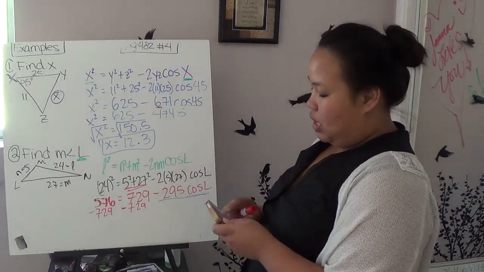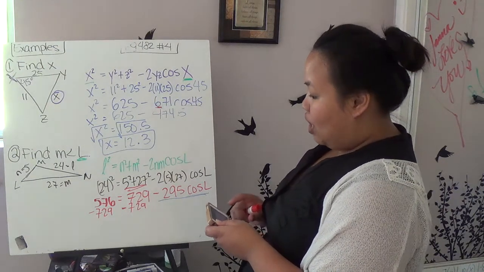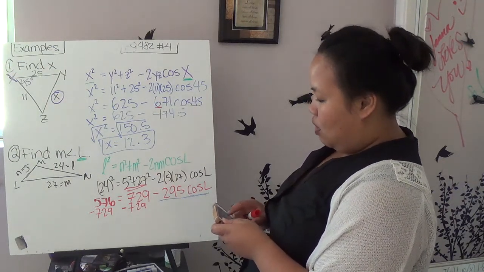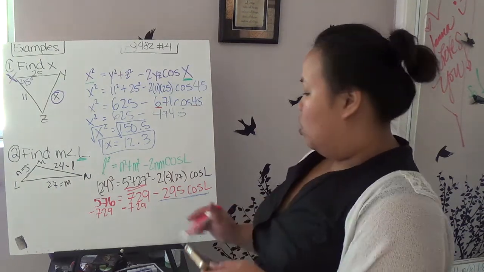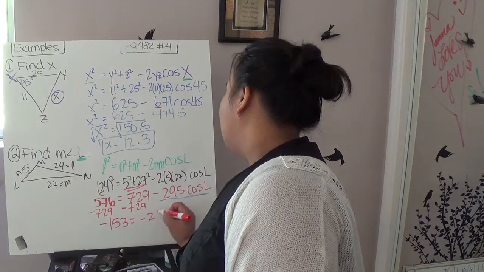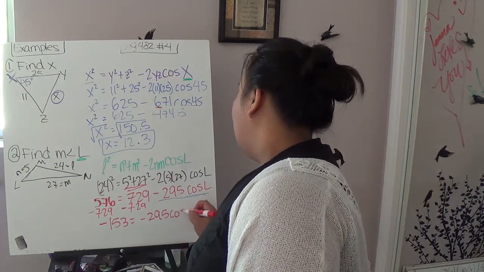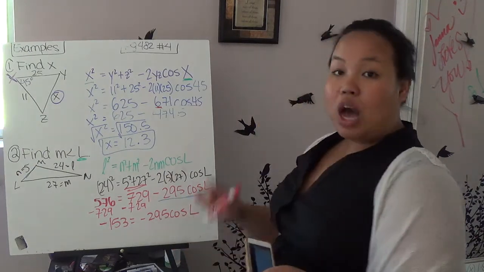So 576 minus 729, which is negative 153, equals negative 295 cos of L. And then from here, because it's being multiplied, the opposite would be dividing.